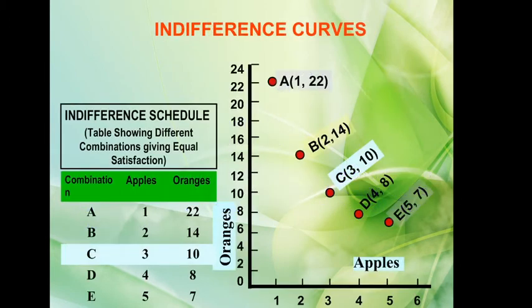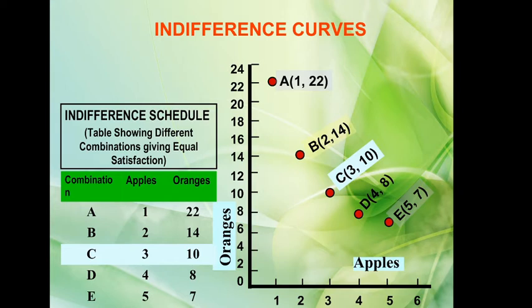Now we will see the indifference curve with the help of a schedule and a graph. In this schedule we have taken 5 combinations A, B, C, D and E of apples and oranges, which give the same satisfaction to the consumer. For example, the first combination is 1 apple, 22 oranges.